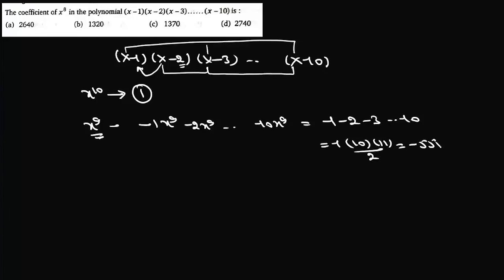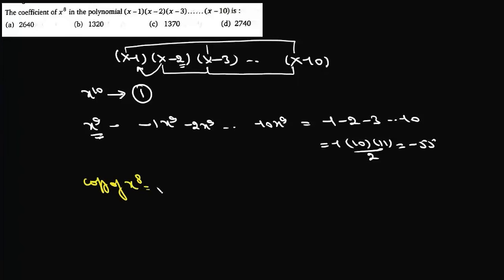Now in this question they have not asked for x to the power 10 or x to the power 9. What they are asking for is x to the power 8. So we need to find the coefficient of x to the power 8.